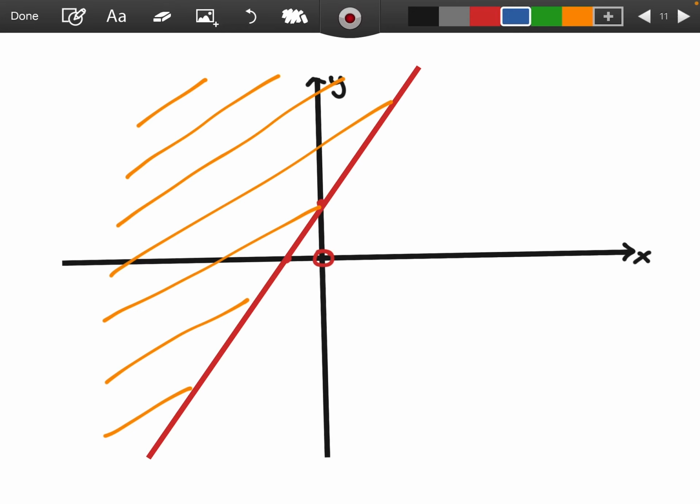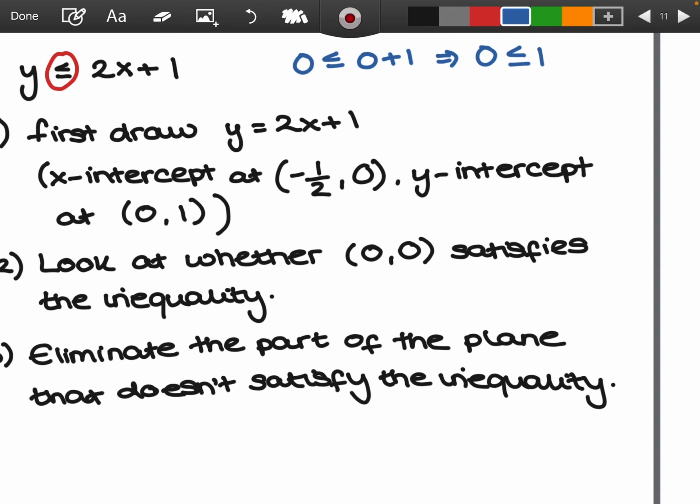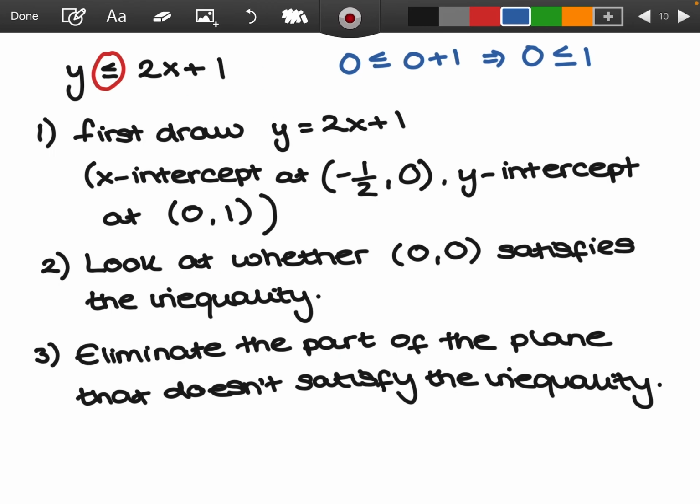Okay. So whenever you get one of these problems, always follow these steps. Put it into slope-intercept form first. Once you've got that formula in slope-intercept form, you then go ahead and draw the line, exactly like we have done here. Once you've plotted that line, you can use any point you want, but to me (0, 0) is the easiest point to plug in here.